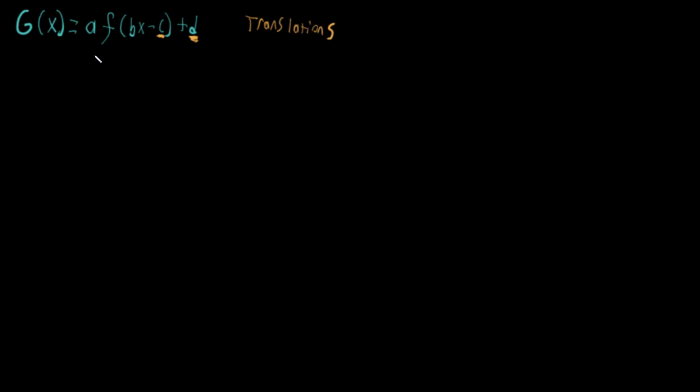Okay. Remember, if you make your a and your b negative, that has to do with reflections. And remember, depending on the value of a and b, they can do other things as well. They can deal with what's called your dilations. Okay, and each one of these has simpler meanings.